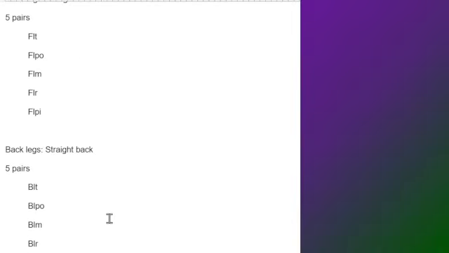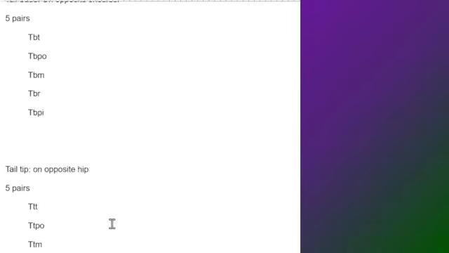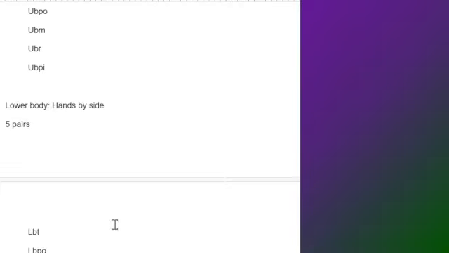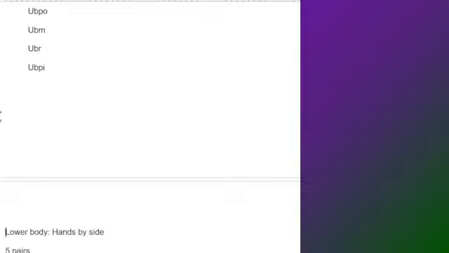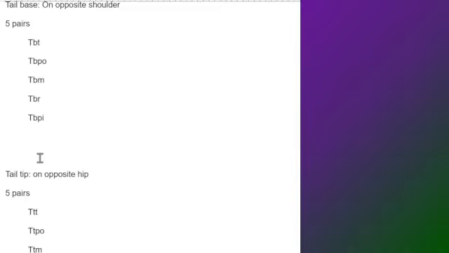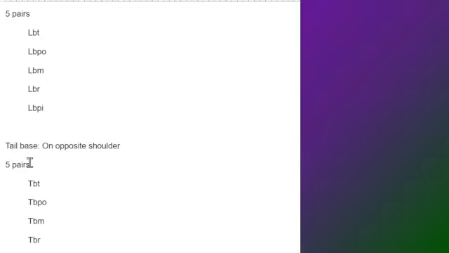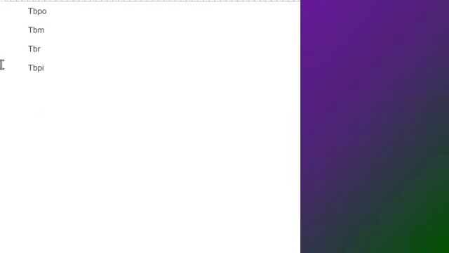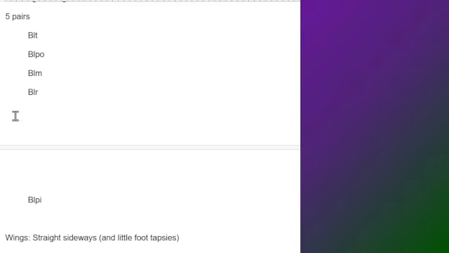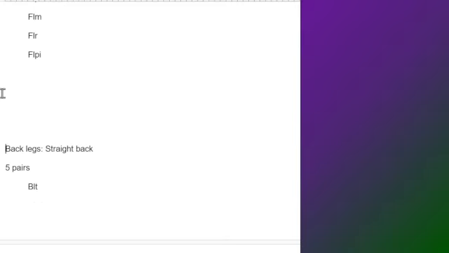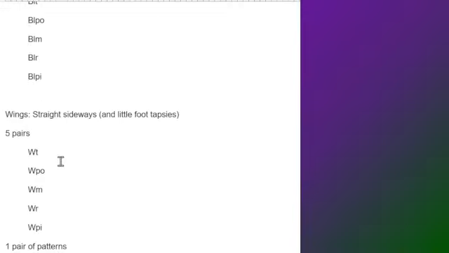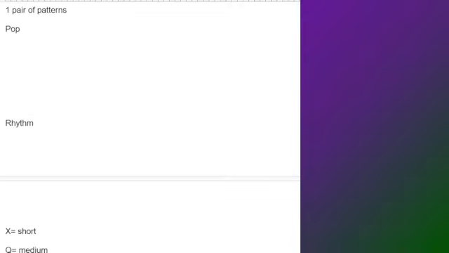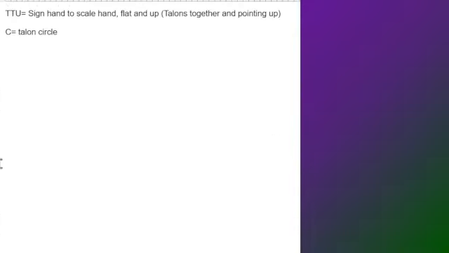Bam. That is so much cleaner. It's so much more spread out. Yeah, that works.